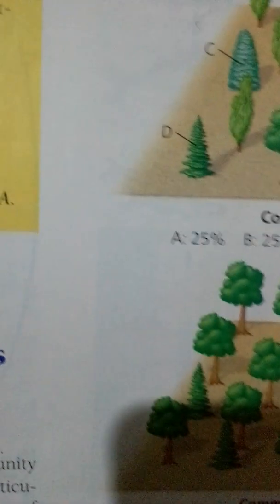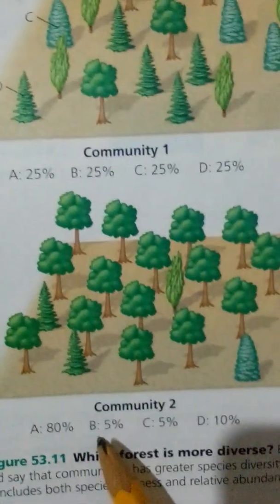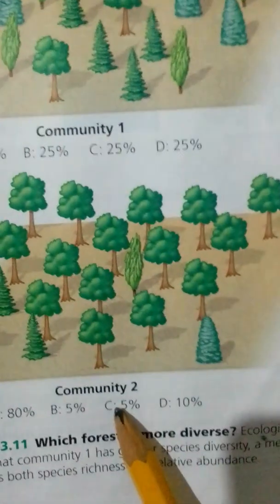In Community 2, A is 80%, B 5%, C 5%, D 10%.